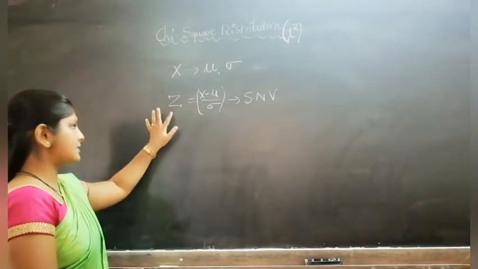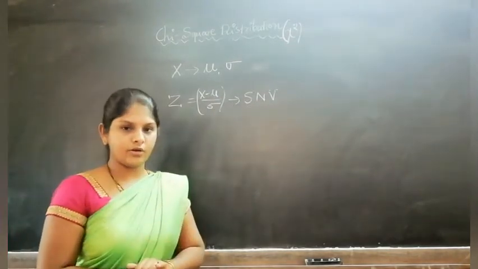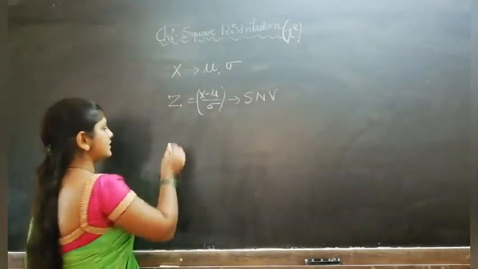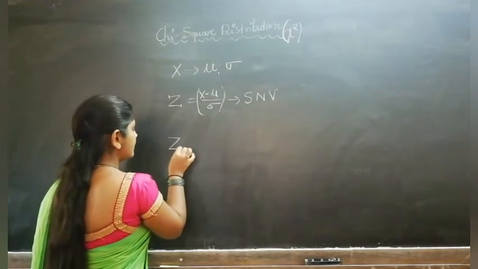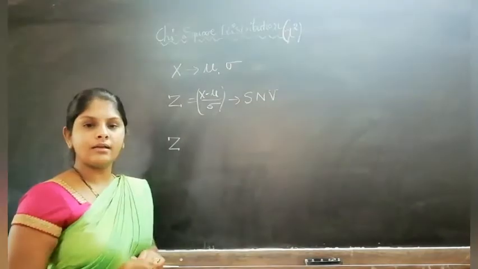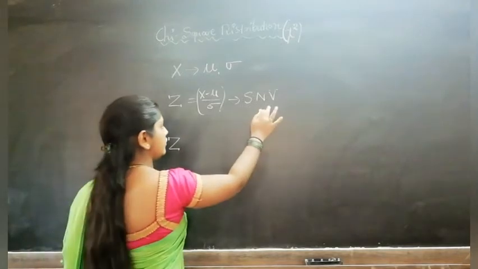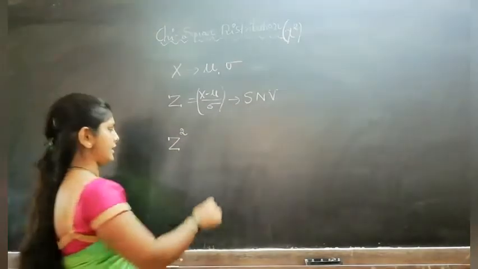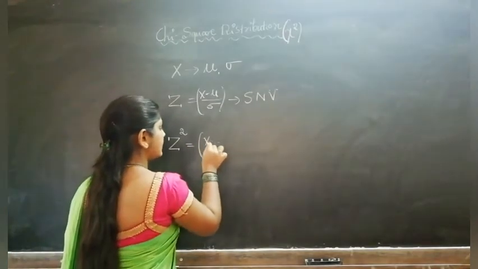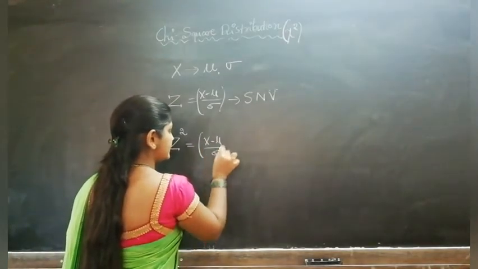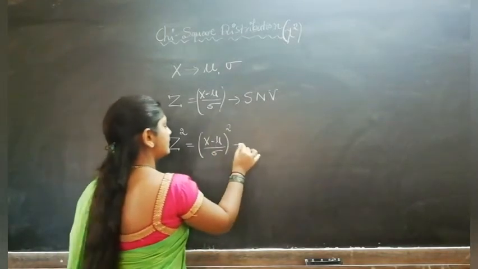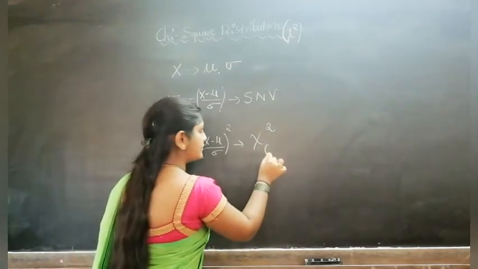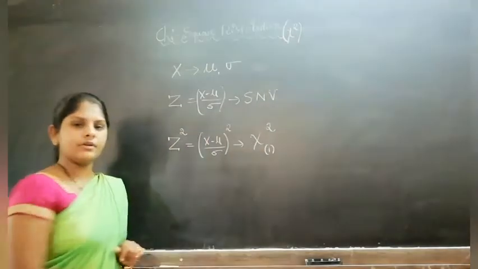As I said, z is a standard normal variate. Now the chi-square distribution is the square of a standard normal variate. That means if z is a standard normal variate, then the square of the standard normal variate, ((x minus mu) by sigma) squared, is a chi-square variate with 1 degree of freedom.